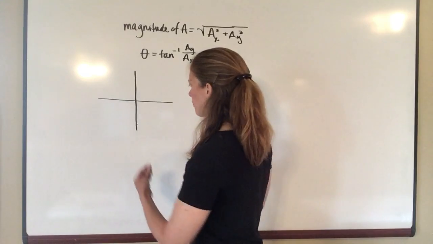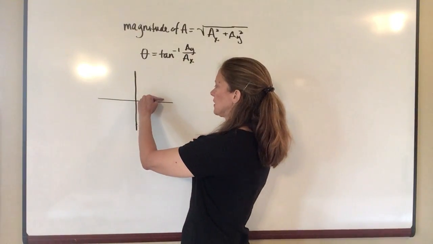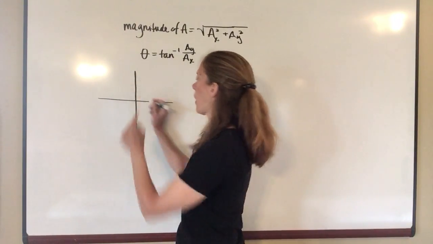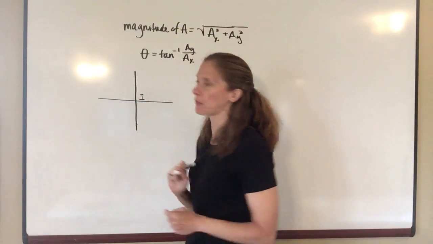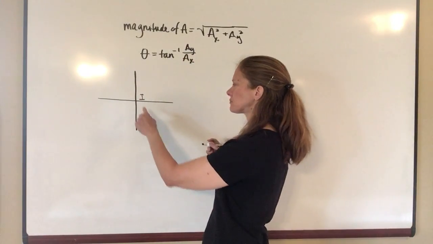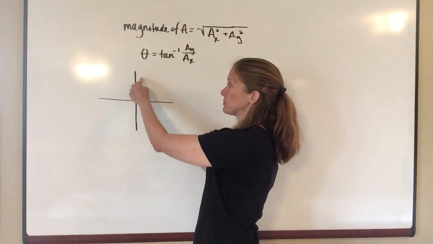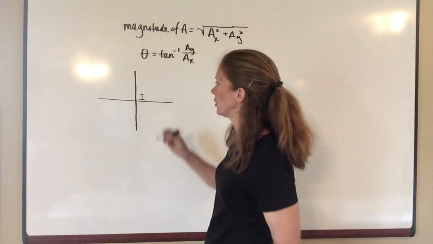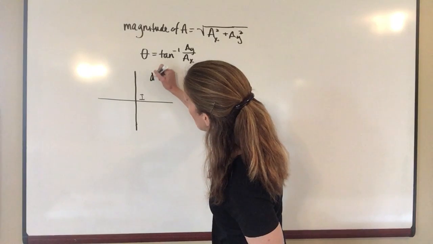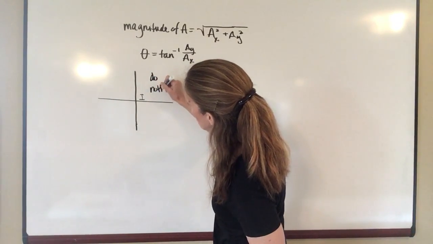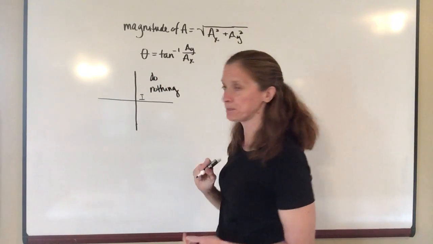Now, if it turns out that your vector is up in this quadrant, which if you remember from algebra is the first quadrant, then the angle is perfectly fine the way that your calculator gives it to you. So if the vector is in this quadrant, you don't have to do anything to it.